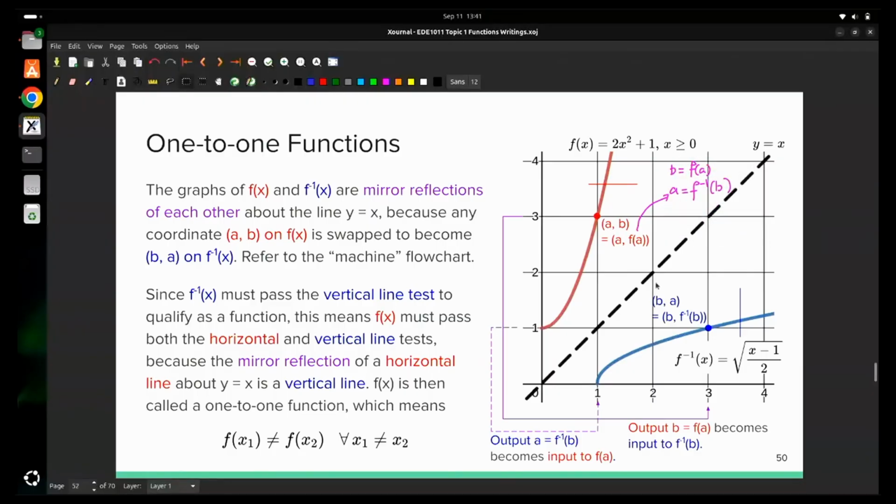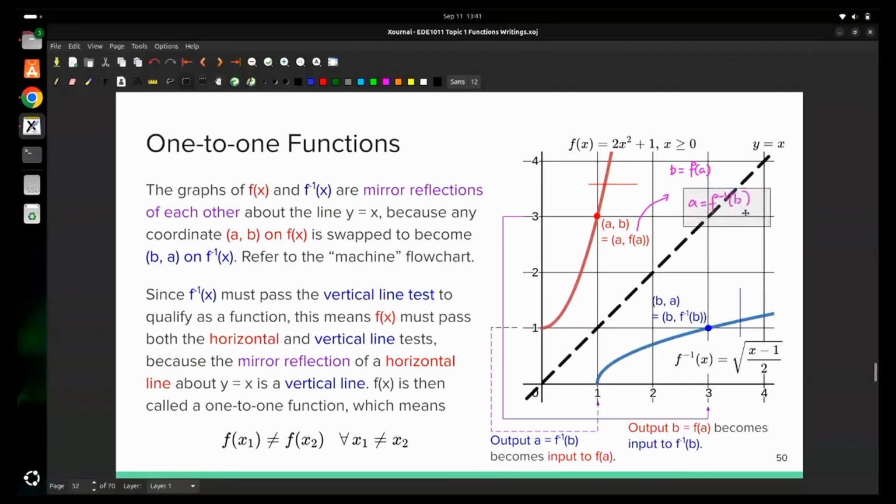Which means that if my input is B, which is on the x-axis, the domain for f inverse, I must get back A as my output, which is here. A must be f inverse of B. So it works like that.